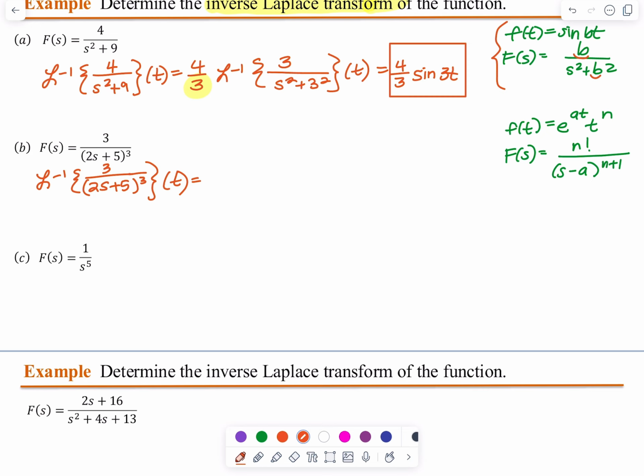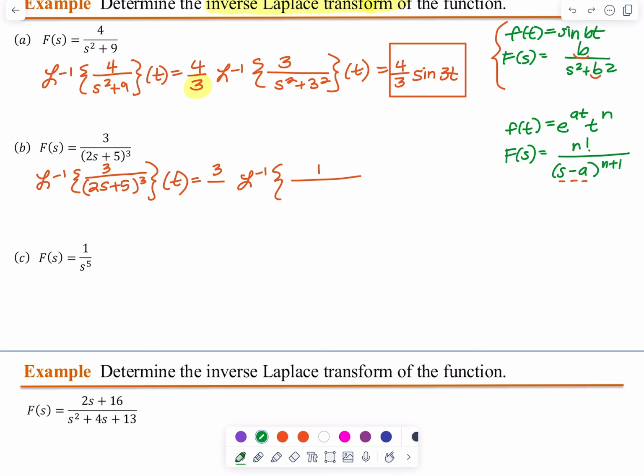So we have that 3, and then let's write this. Now we have 1, and we would like to have s minus a here. So we are going to divide this by 2, and of course that would be 2 cubed, so we'd have to multiply by 2 cubed.